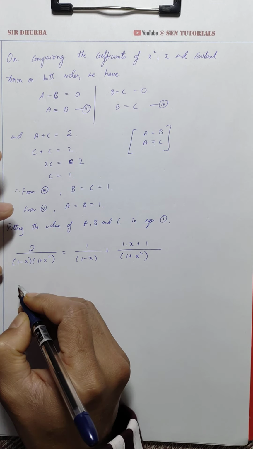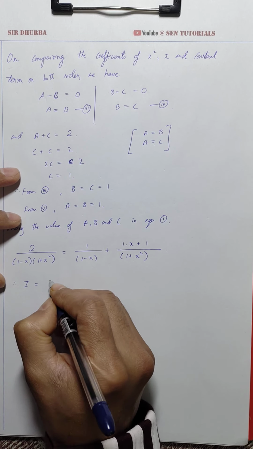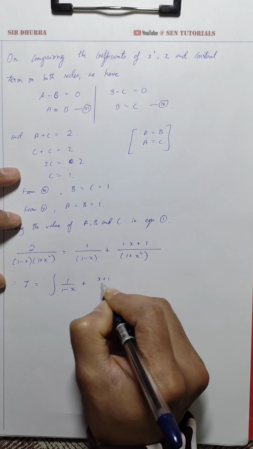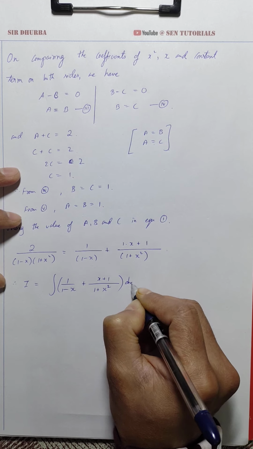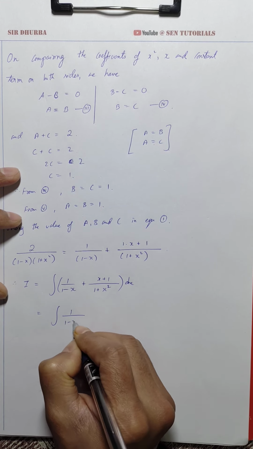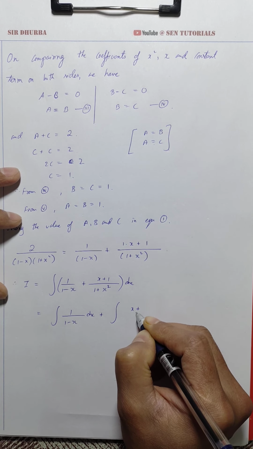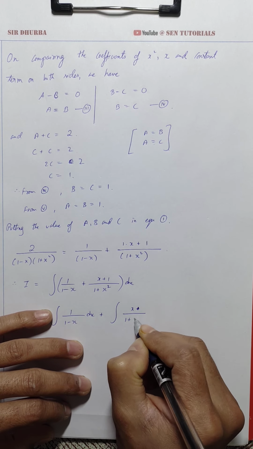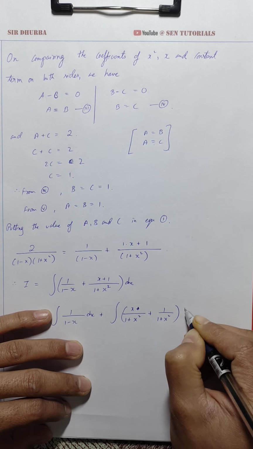So now when we go for integration, the value of I will be the integral of 1 by 1 minus x plus x plus 1 divided by 1 plus x square. So that's going to be the integral of 1 by 1 minus x with respect to x plus the integral of x plus 1 by 1 plus x square. Taking the common LCM, 1 plus x square, that is x by 1 plus x square plus 1 by 1 plus x square.